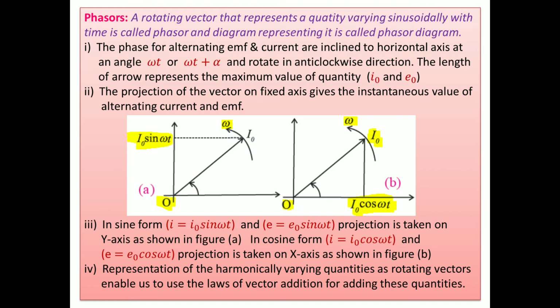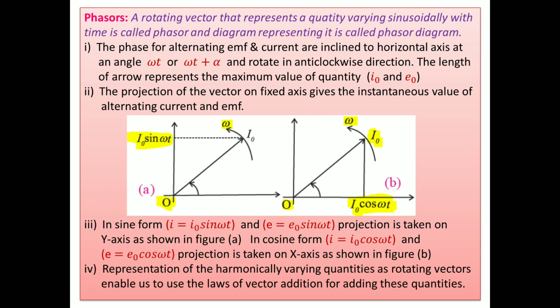Then this rotating vector that represents the quantity varying sinusoidally with time is called a phasor. These rotating vectors are called phasors. They represent quantities like current and voltage, which are varying sinusoidally. And the diagram representing it is called a phasor diagram.